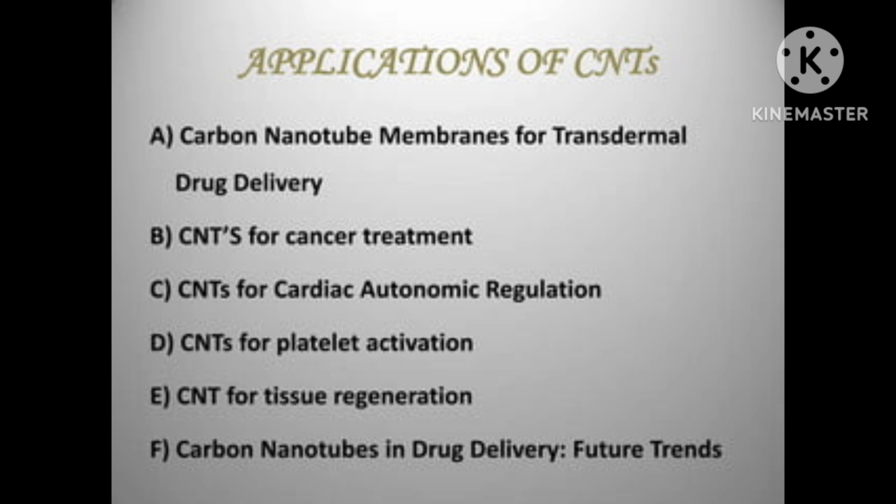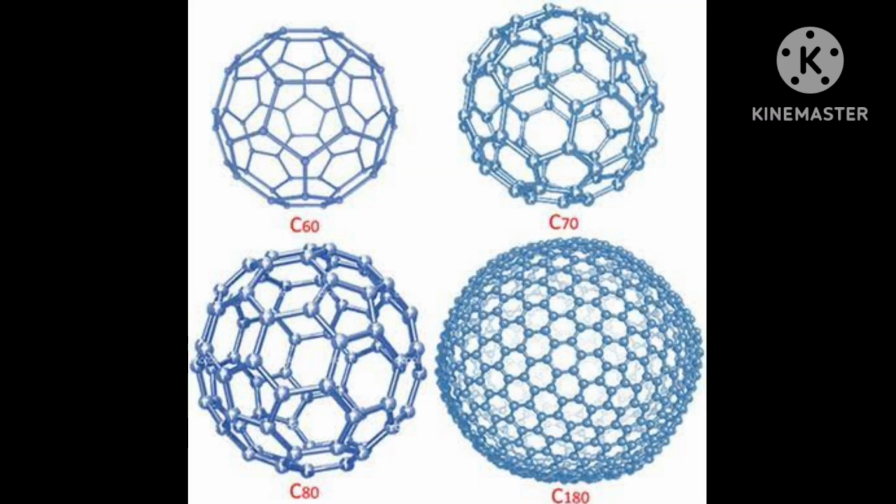Since 1985, many other allotropes of carbon, like graphite and diamond, have been discovered.